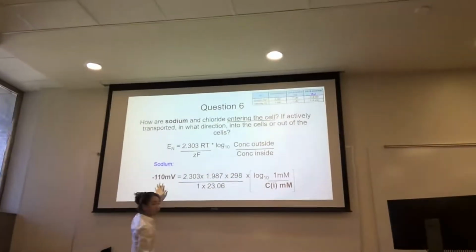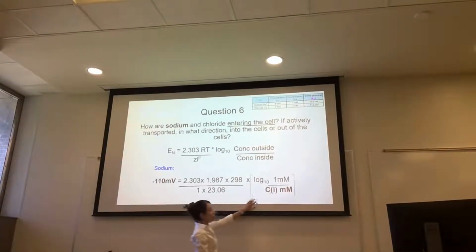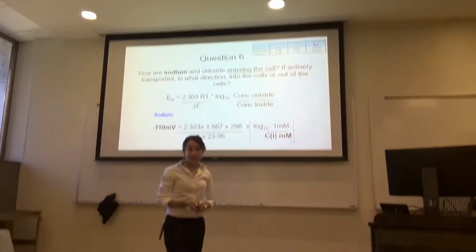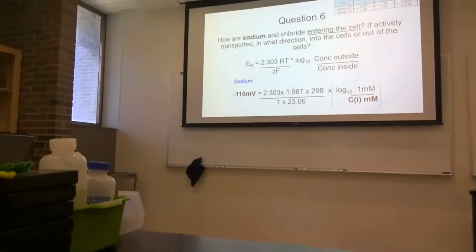When I have this membrane potential and the outside concentration is this, what is the inside concentration? Okay, so I want you to solve it. Also, if you're having trouble with the logarithm, your worksheet is there to help you solve that logarithm.